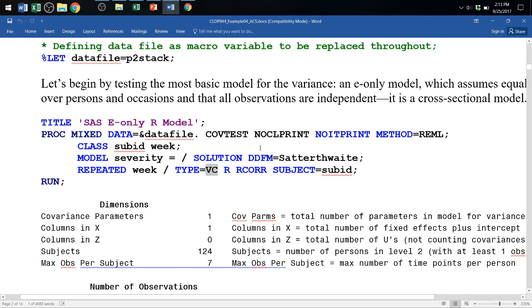Remember what that stands for? Variance components. This is a model that says occasions from the same person have nothing to do with each other. It's the simplest possible model that we could have for the variance. It's a regression model.